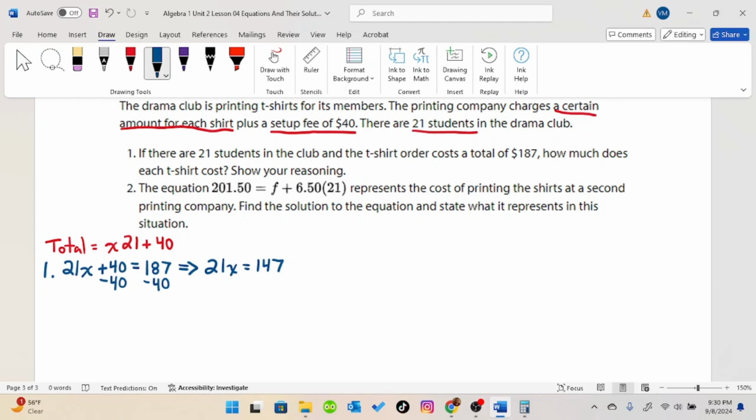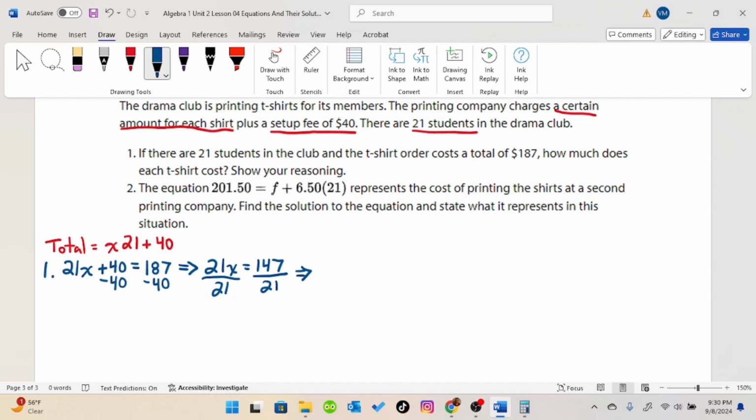So we're going to do the opposite of what is there, and we're going to do it to both sides. 21x is multiplication. The opposite of multiplying by 21 is dividing by 21. And we do that to both sides.